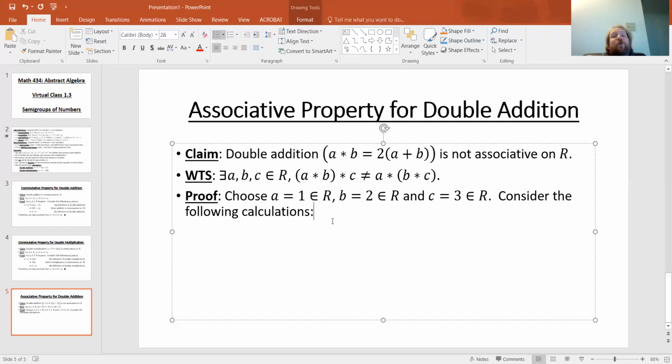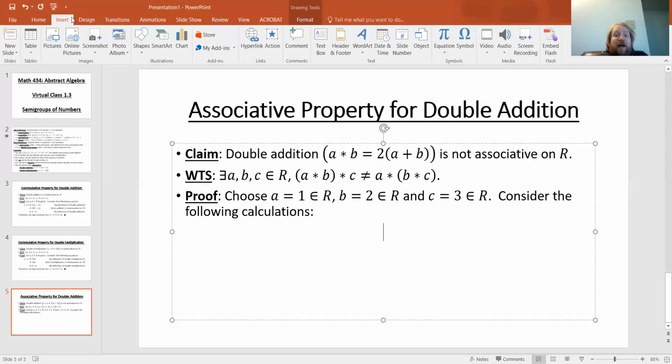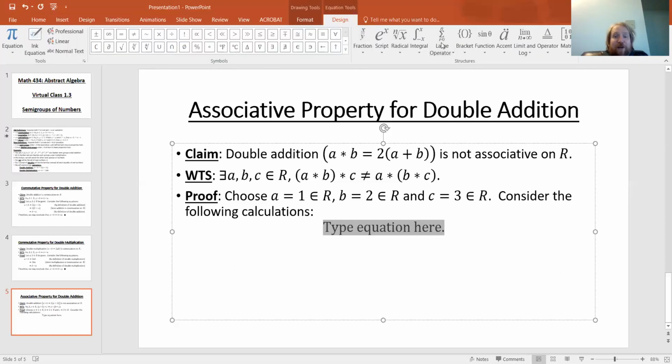However, when showing an equation is not true, when showing two things are not equal to each other, you calculate the left-hand side and the right-hand side separately and show that you get different things. So that is what we are going to do now. We will calculate the left side and the right side independently of each other and show that they equal different things. So A star B star C, if I plug that in, is 1 star 2 in parenthesis, star 3.